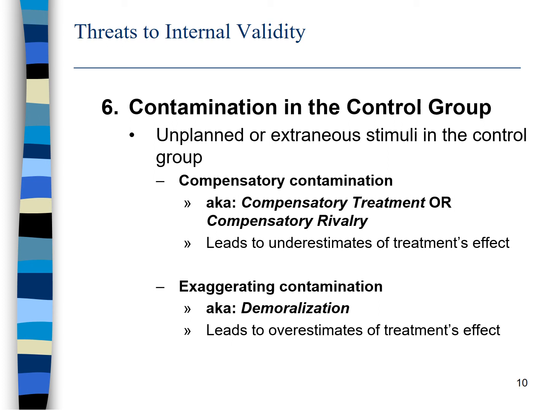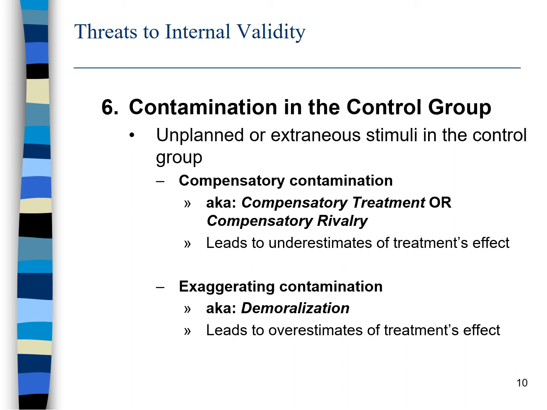So here is whenever we have any sort of unplanned or extraneous stimuli that are introduced to the control group. There are two types. I think of it as either trying to do better or getting upset and wanting to go home. You'll see that as I go through this.